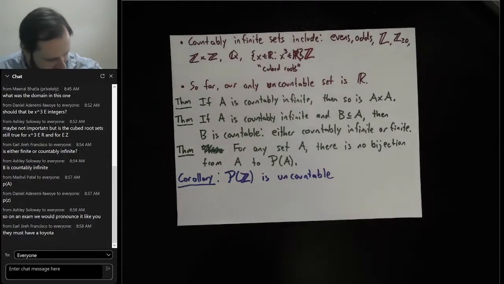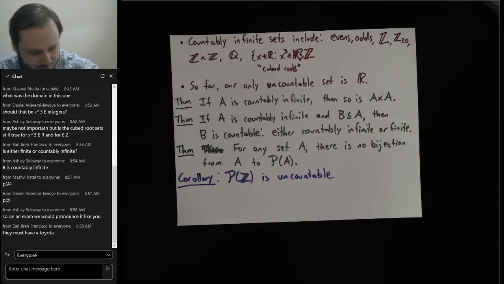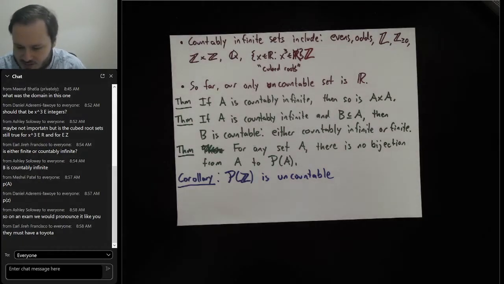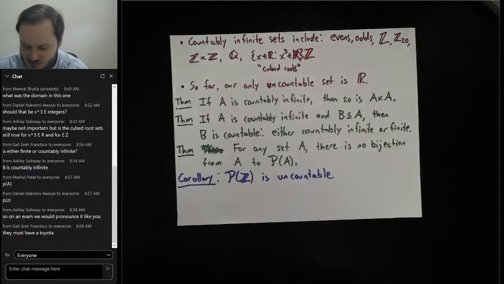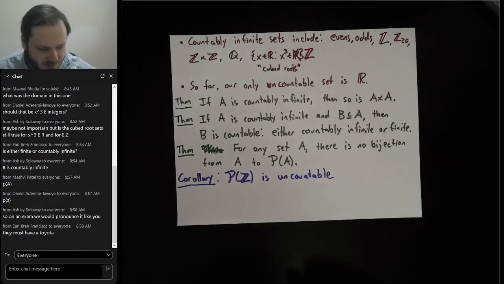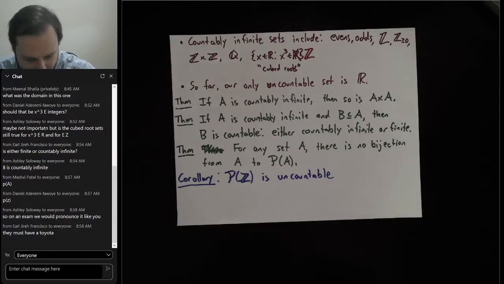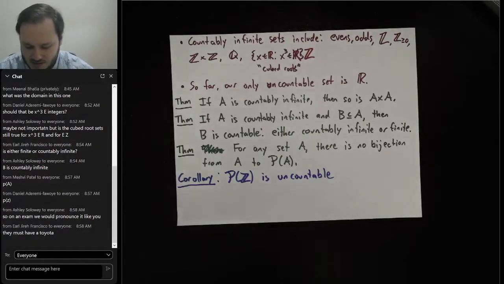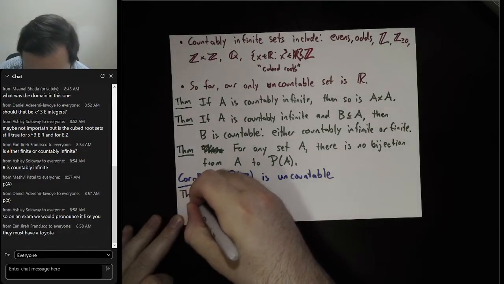One more thing I want to talk about here. So we've seen some subsets of the real numbers that are countably infinite. There are also subsets of the real numbers that are uncountable. I'll just keep going with my green theme. Theorem.